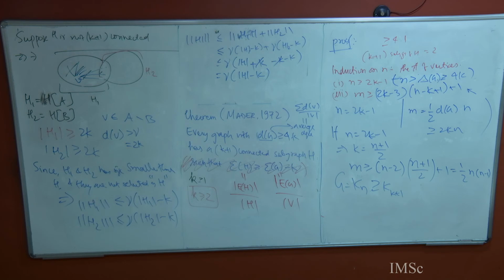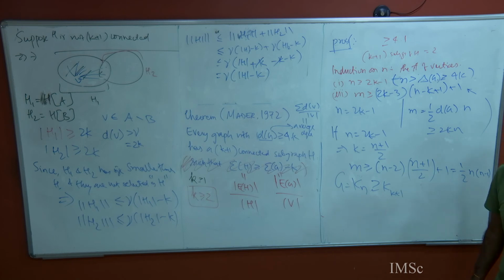It does not contain more than half the edges of a clique, right? You get my point, Mihir? But you're right. All this tells us that n better be large, okay? All these equations tell us that in this case n should be at least 2k plus 1 or something minimum if you want to make any sense of this graph.